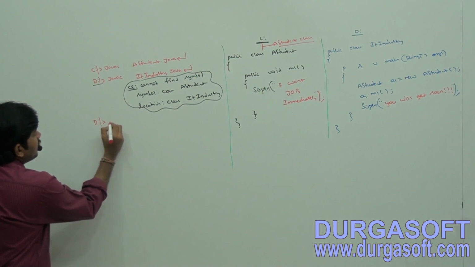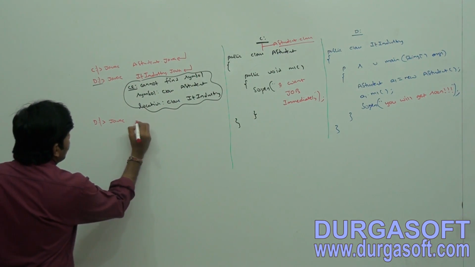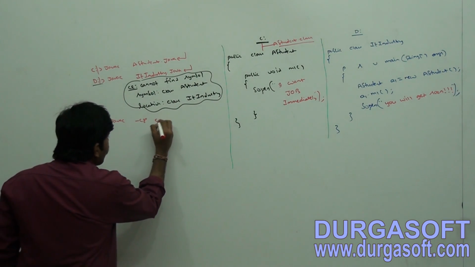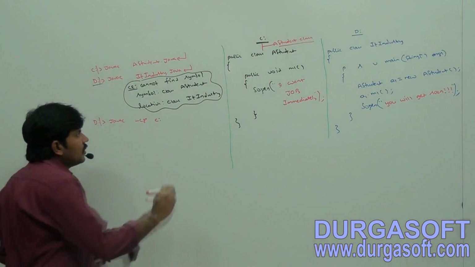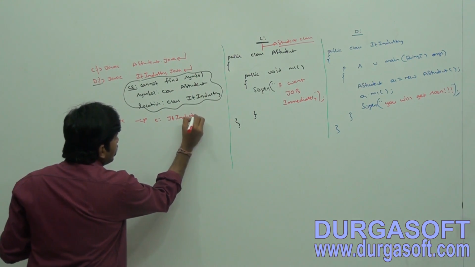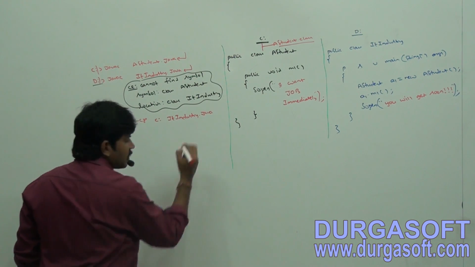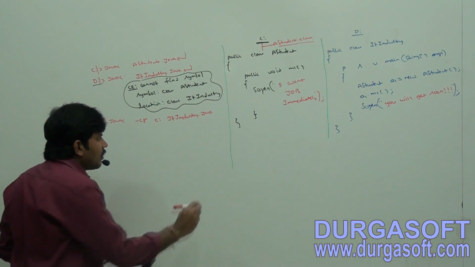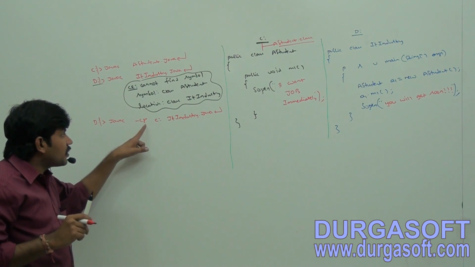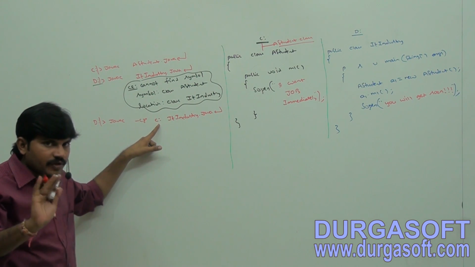D colon, javac hyphen cp C colon IT industry dot Java. Can you tell me whether the code is going to compile or not? Yes, boss. Because the class path is required for dot class files, not for dot Java files.